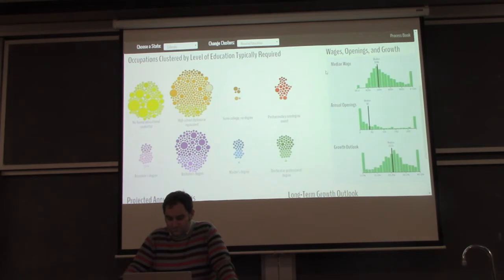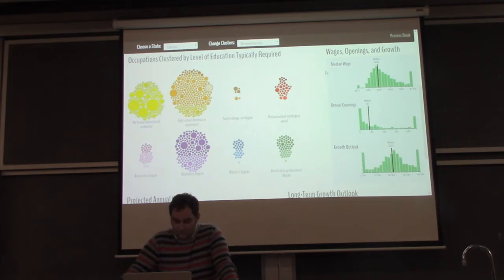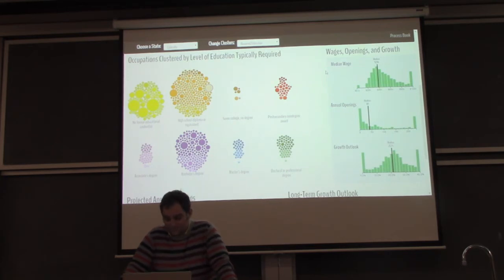Each circle is colored by the typical education required, sized by the expected annual openings, and organized into 3 wage bands, low to high, within each cluster. The clusters show you how these jobs are related to one another and across various categories. Change clusters by using the menu at the top.